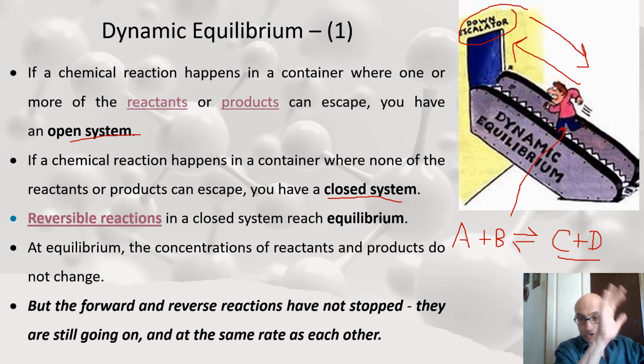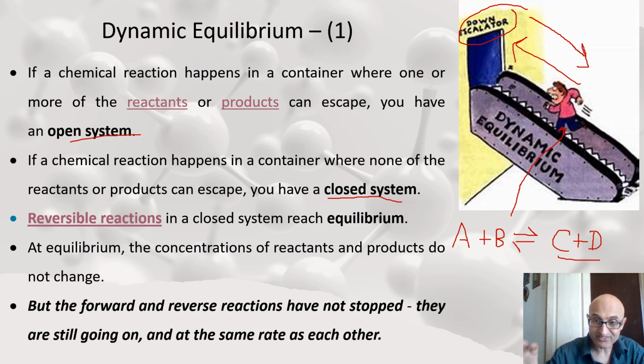They have not stopped. The forward and reverse reactions are still going on. It's simply as if you cannot observe any change. But just because you can't observe any change doesn't mean that the reaction has stopped, which is why we call it a dynamic equilibrium.